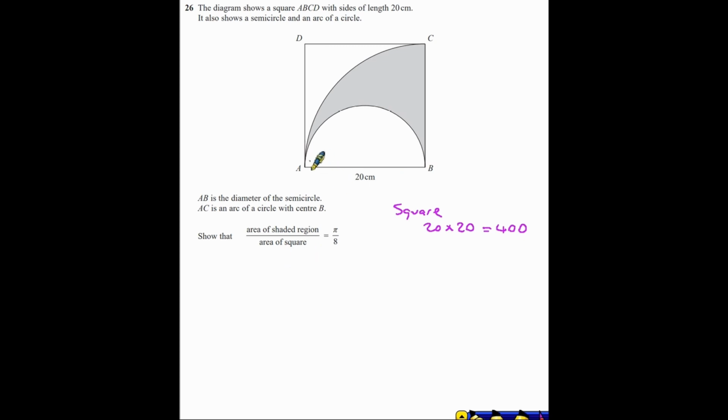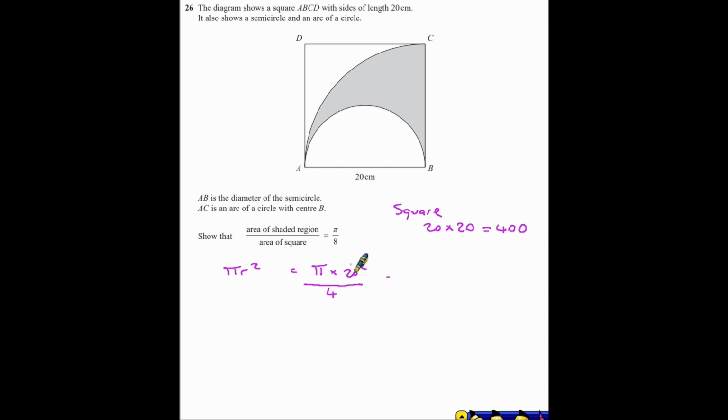So let's have a look at the larger circle. If B is at the centre and A and C are on the outer edges, then the radius of this circle is 20. So if we use the formula pi r squared, that's going to be pi times 20 squared. But of course it's only a quarter of a circle, so we're going to have to divide that by 4.